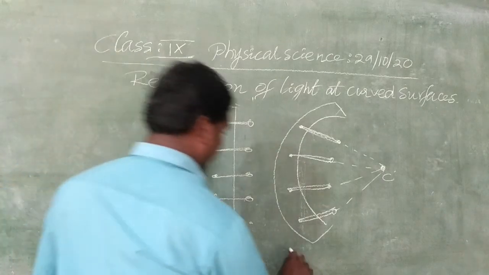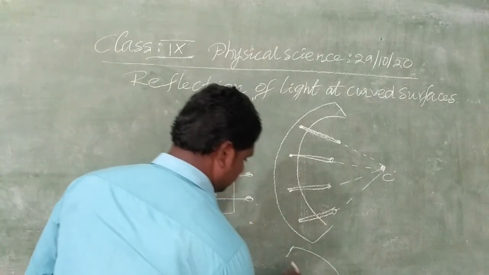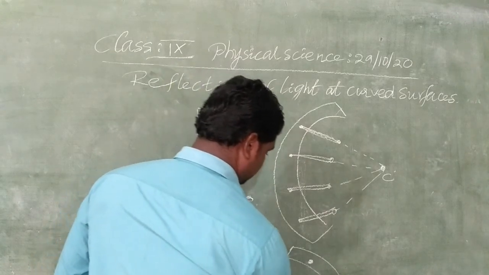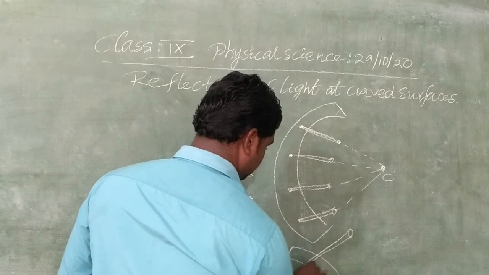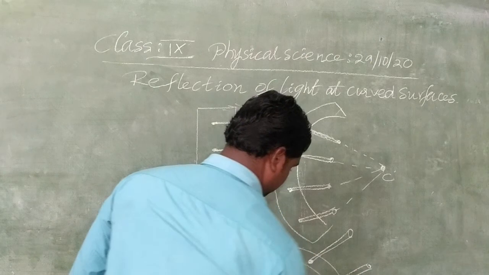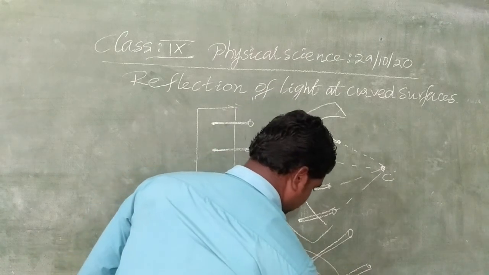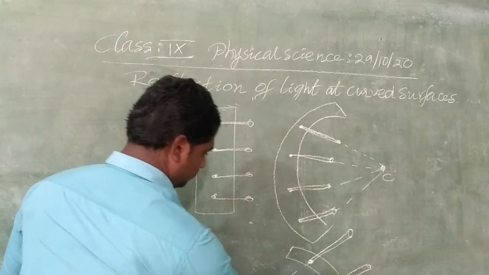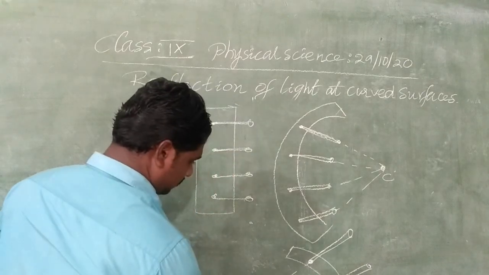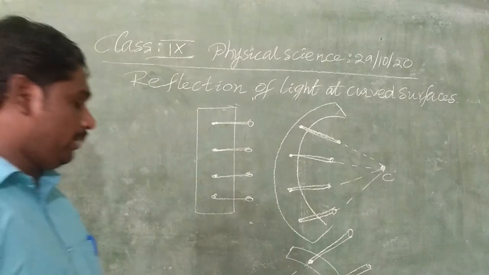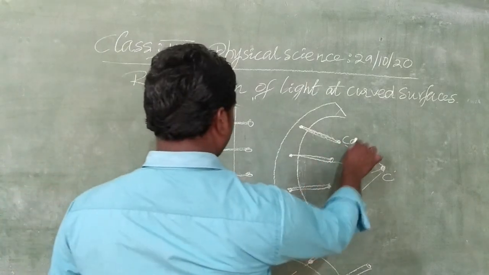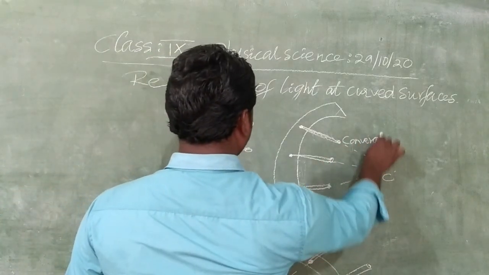Next, in the case of bending outward, all normals appear to be divergent. In the inward case all normals are convergent.